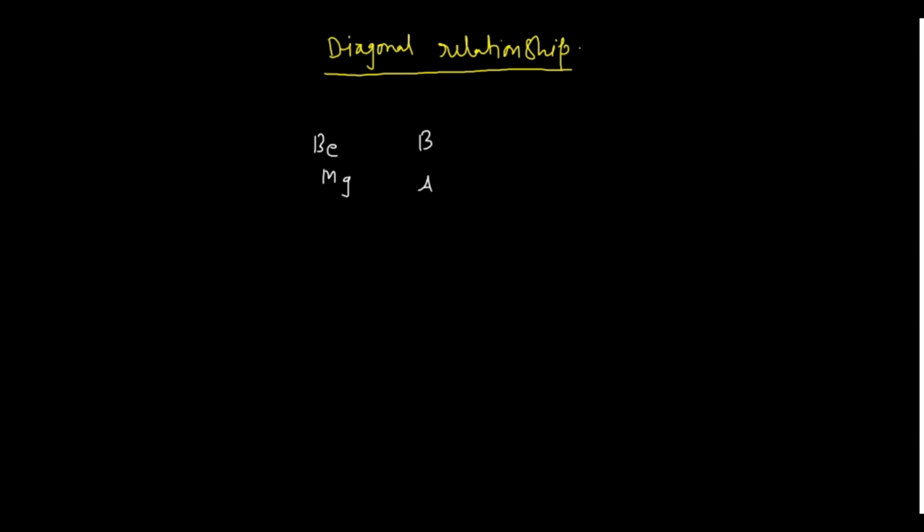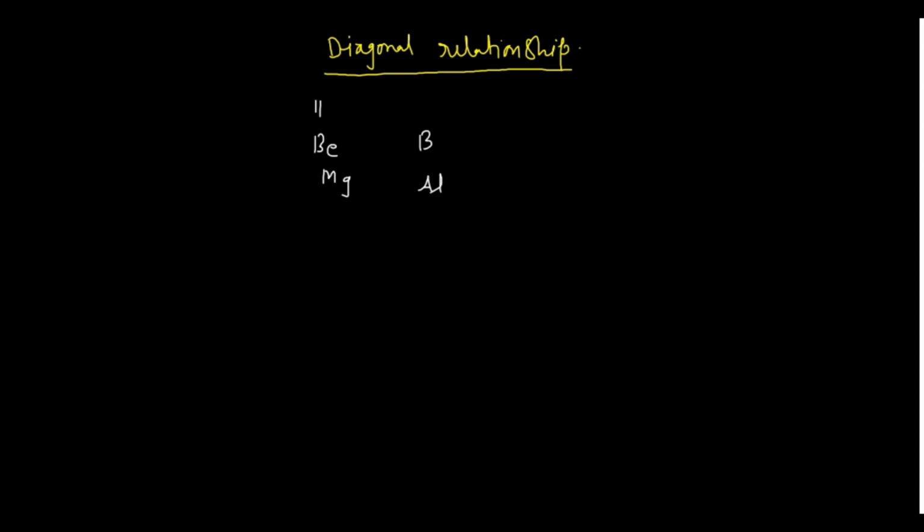There is something which must be there in the lecture, that is the diagonal relationship. This diagonal relationship happens between the second and third period. So say you are having beryllium and magnesium, you can write in that manner, and after that you are having boron and aluminium.